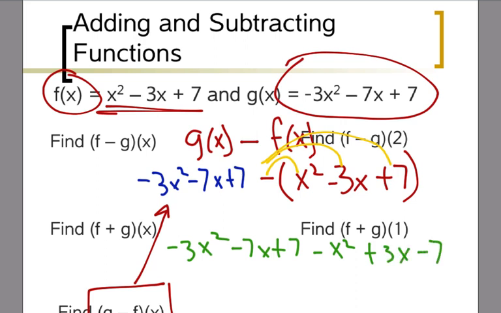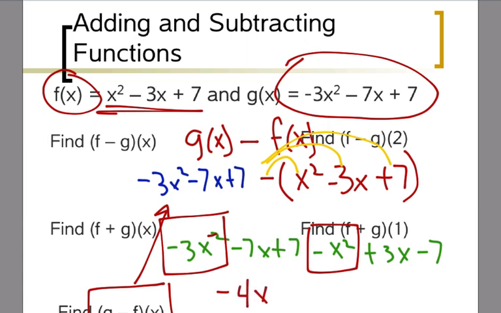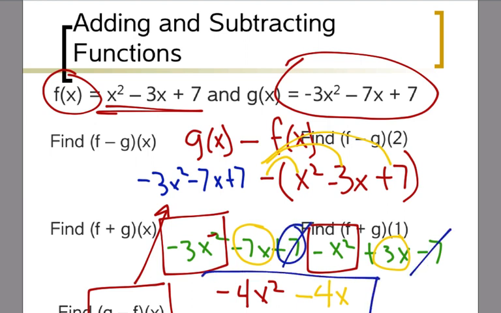So now I just simplify by combining my like terms, and I have negative 3x squared and negative x squared, so that's going to give me negative 4x squared. And then I have negative 7x, positive 3x, and that gives me negative 4x. And then finally I still have plus 7 and negative 7, so those cross out, and so this is my answer for g minus f of x.